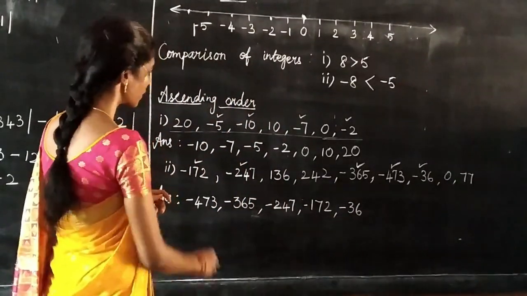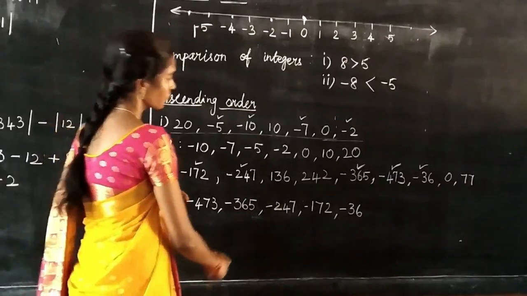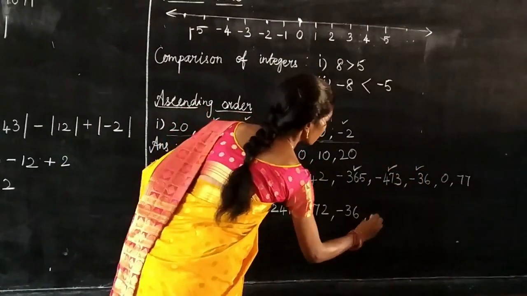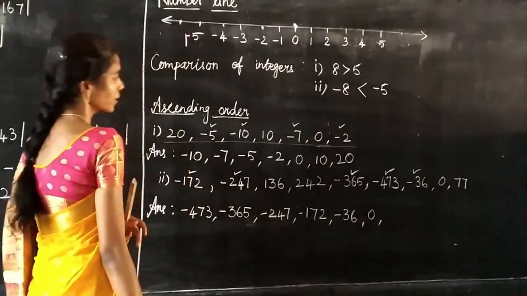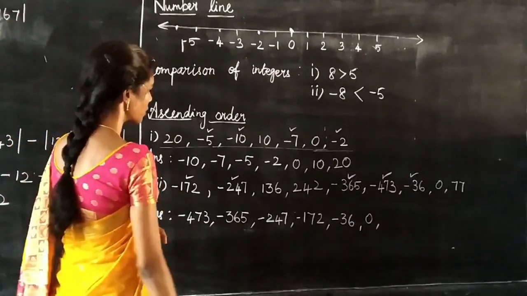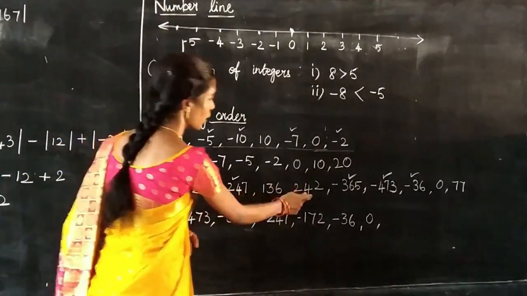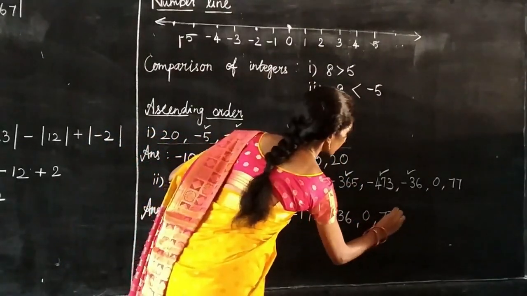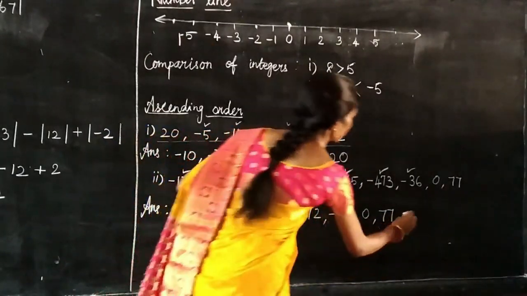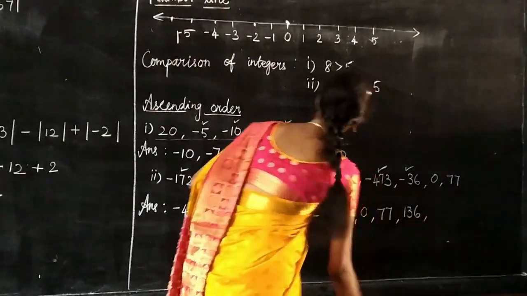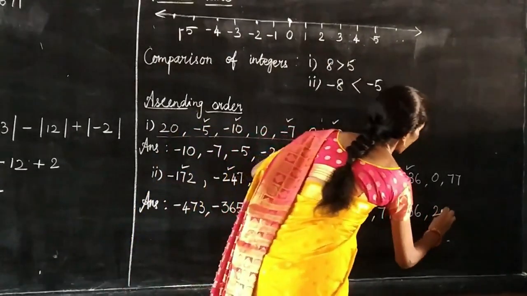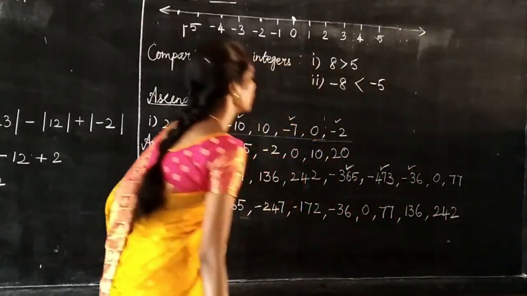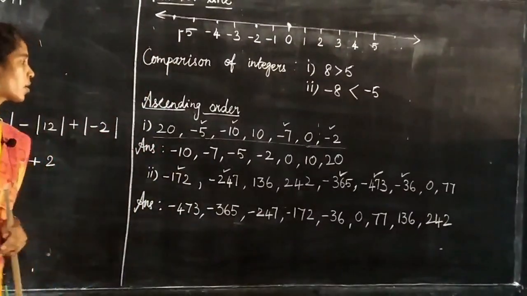Then the negative integers are over. 0 is there, so we add 0, then the remaining positive integers. The positive integers are 136, 242 and 77. The smallest one is 77, the next is 136 and the last is 242. So we have arranged the given integers in ascending order.